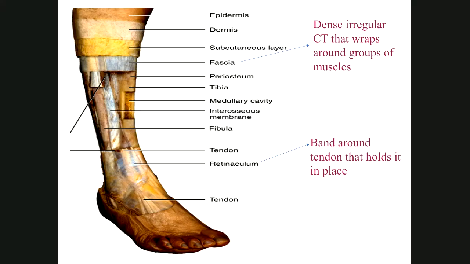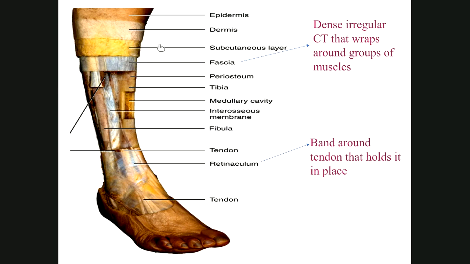So let's review everything we've covered up to date. We've discussed in the past that the outer layer is called the epidermis. The middle layer is the dermis of the integument system, and then the subcutaneous layer is part of the integument system, but not part of the skin.